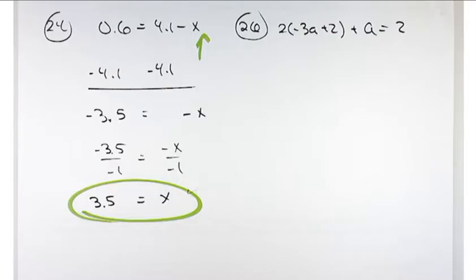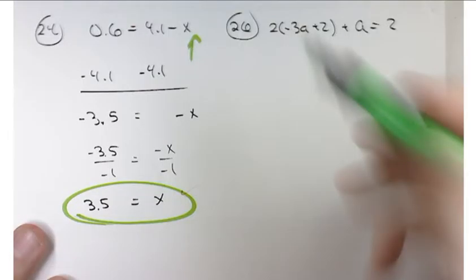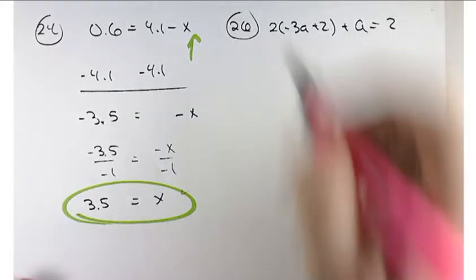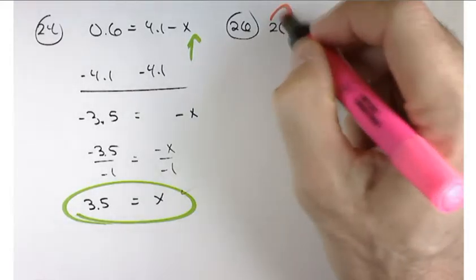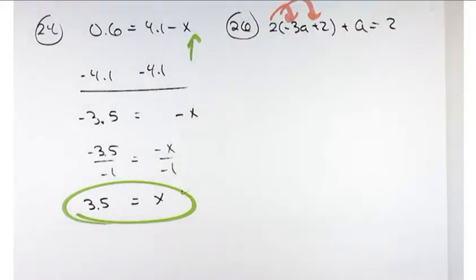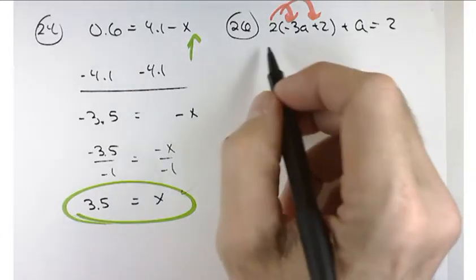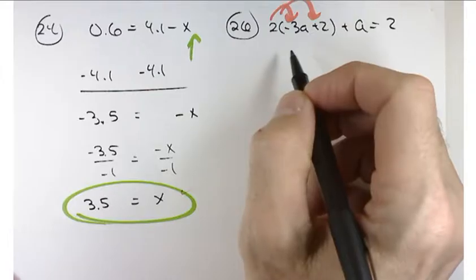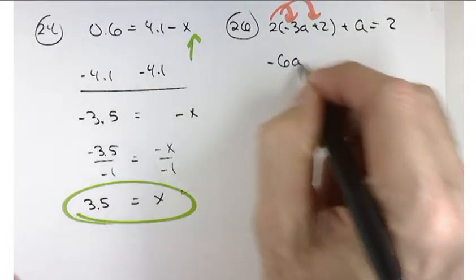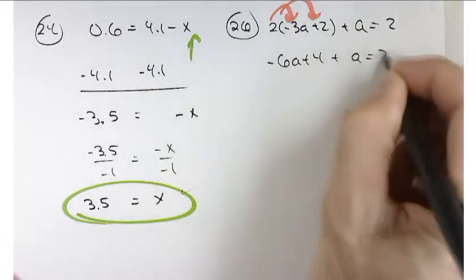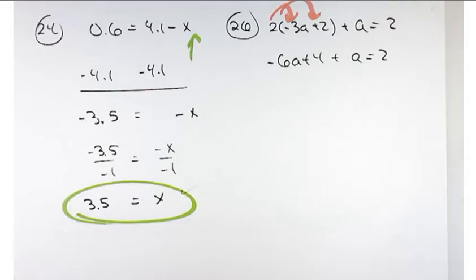What should we do? Distribute. Good. So that 2 is going to multiply itself by both of those terms. Andrew, can you distribute that for me? What would I get, please? Good. Thank you, sir. Negative 6a plus 4 plus a equals 2.